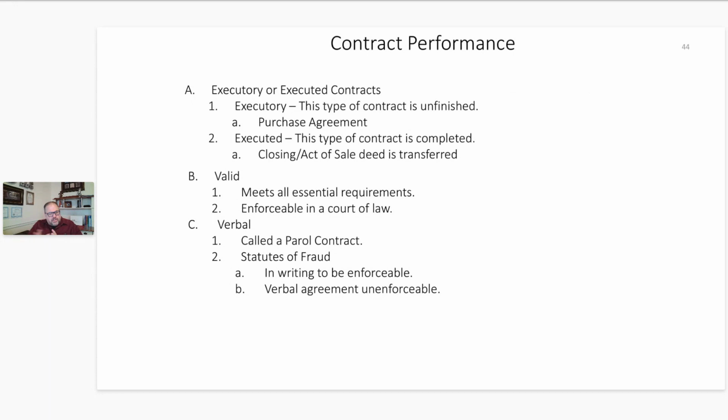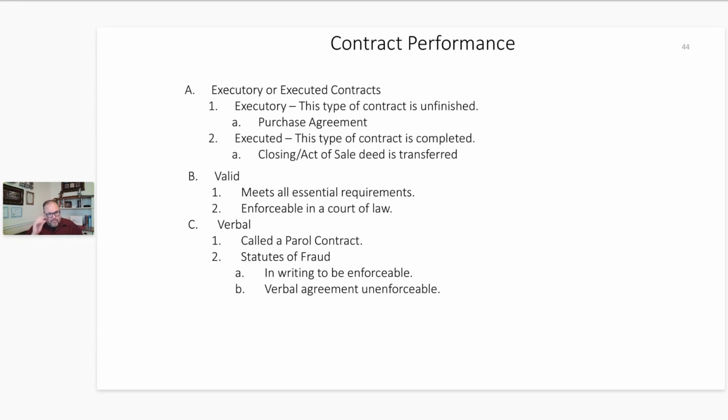Let's switch gears and talk about contracts. Okay. Big chapters here. You really want to spend some time in contracts. Now, you're going to see two terms, executory and executed. Executory means it's unfinished.